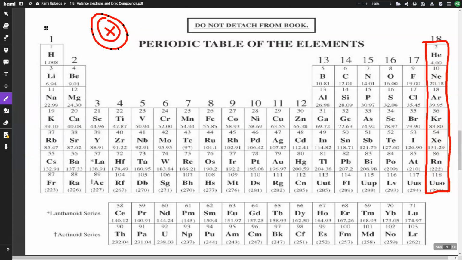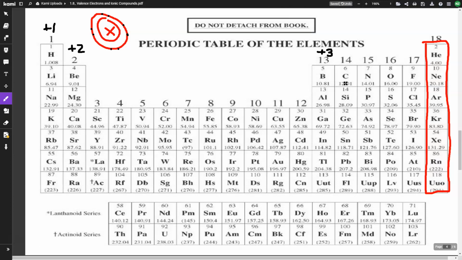So when I lose an electron, I end up with a charge of +1. Group 2, same thing, but it has 2 valence electrons. It's going to lose both of those, and it will end up with a charge of +2. Anything in group 3, or rather 13 on this periodic table, when it loses 3, it'll have a charge of +3.